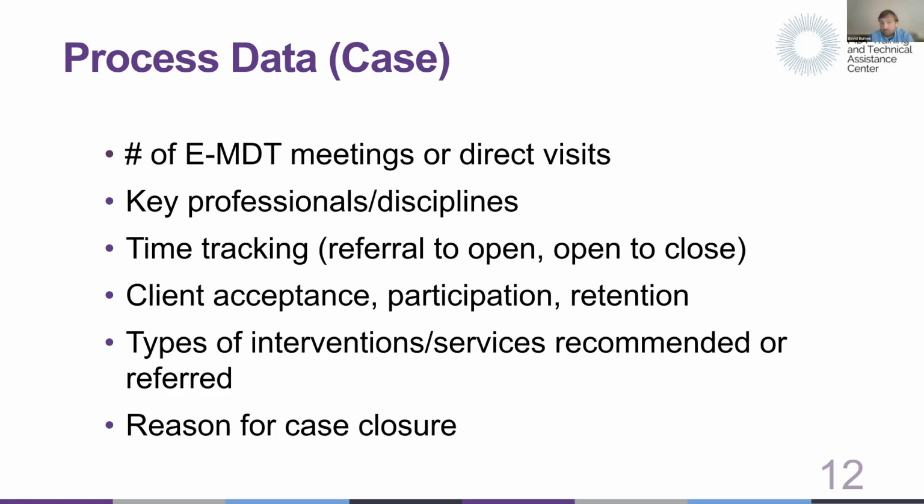Are you retaining people over time, or are people tending to drop out? All of this is necessary to know for your own process in terms of quality improvement. What are the types of interventions and services that you tend to recommend for each case? Again, that helps you in developing those relationships within your community.